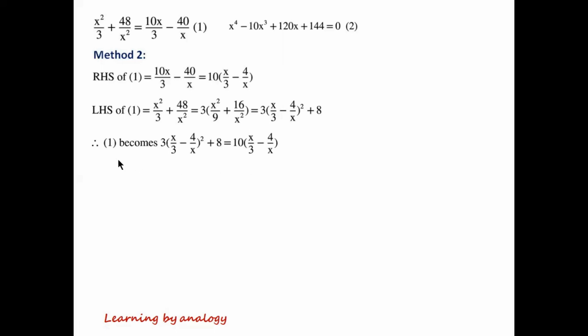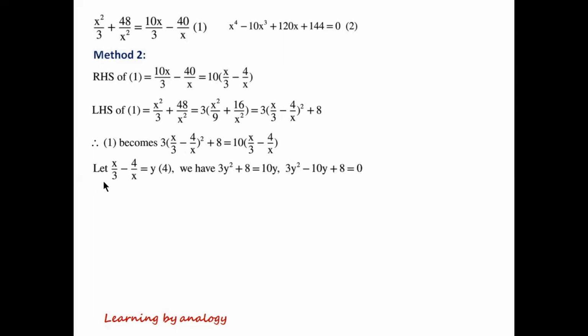So equation 1 becomes 3 times x over 3 minus 4 over x all squared plus 8 equals 10 times x over 3 minus 4 over x.